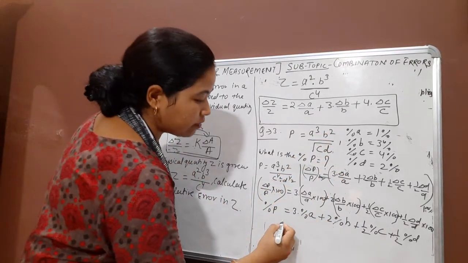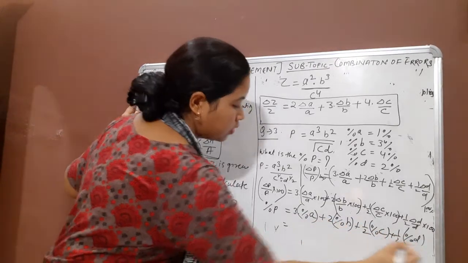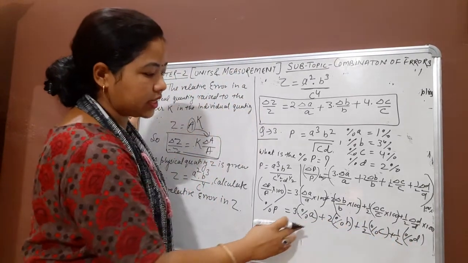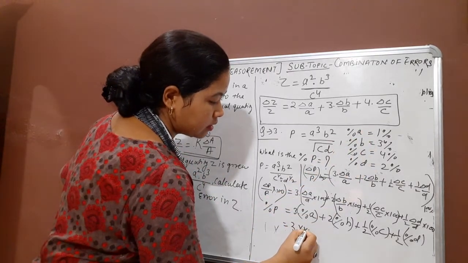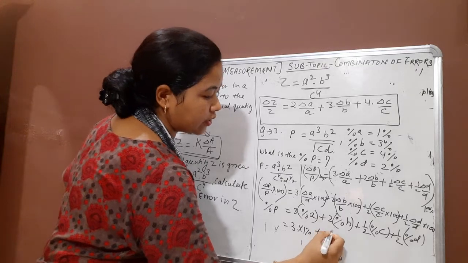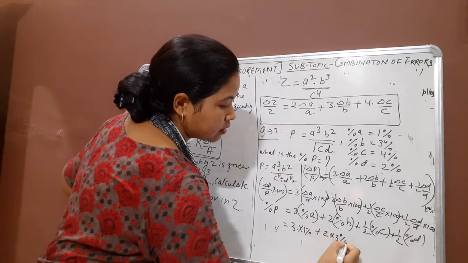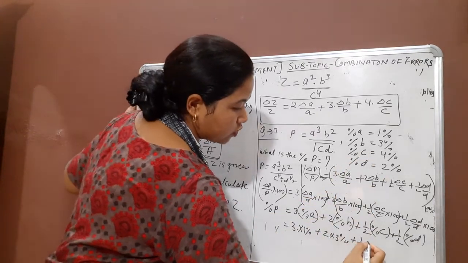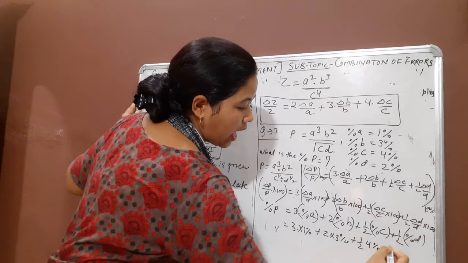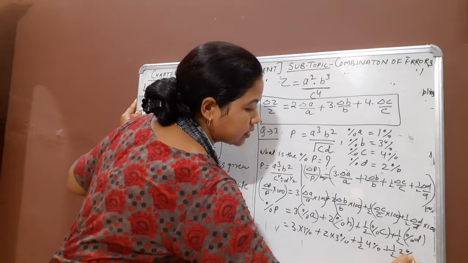So we will place all the values. 3 into the percentage error in a, which is 1%, plus 2 into the percentage error in b, that is 3%, plus 1 by 2 into the percentage error in c, which is 4%, and plus 1 by 2 into the percentage error in d, which is 2%.